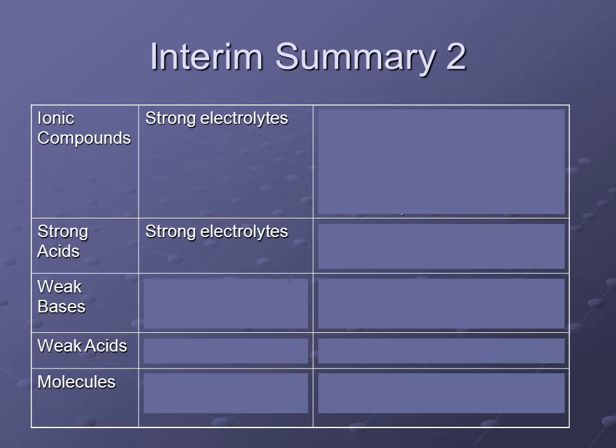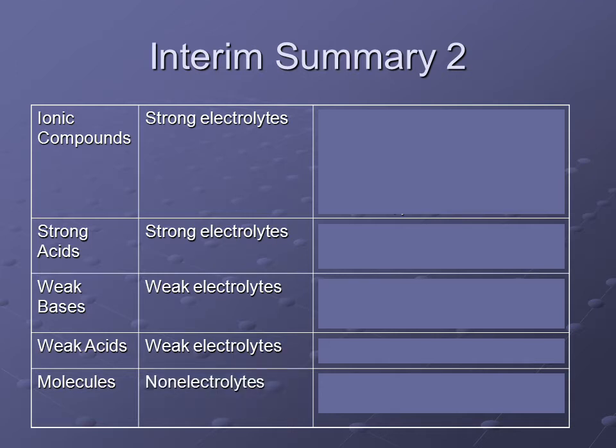All strong acids are strong electrolytes. All soluble ionic compounds are strong electrolytes. Your weak acids and your weak bases are both weak electrolytes. All weak acids are weak electrolytes. All weak bases are weak electrolytes. Your molecules, all molecular solids, are non-electrolytes, with the exception of those that form weak bases, specifically ammonia.